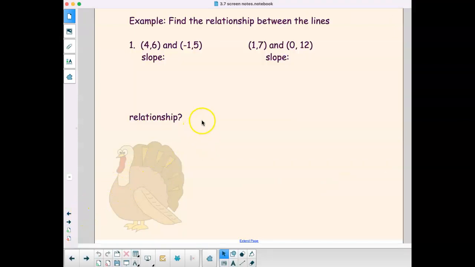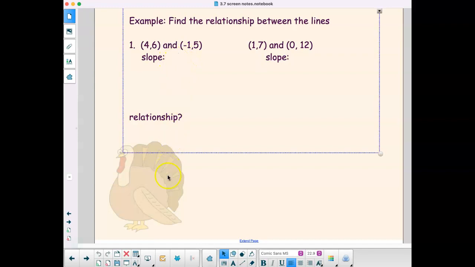We're going to try some examples. In this example, find the relationship between the lines. So here's a line that contains the points (6, 4) and (5, -1). To find the slope, remember we do y minus y over x minus x.